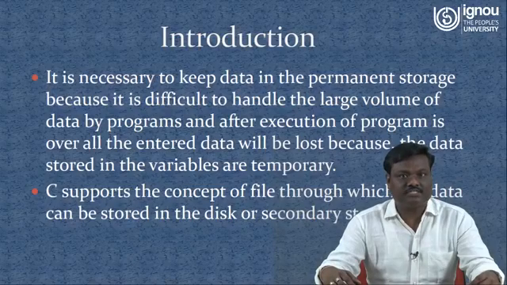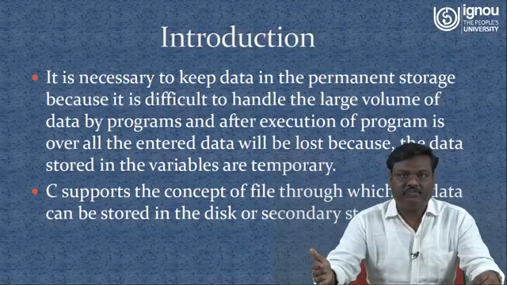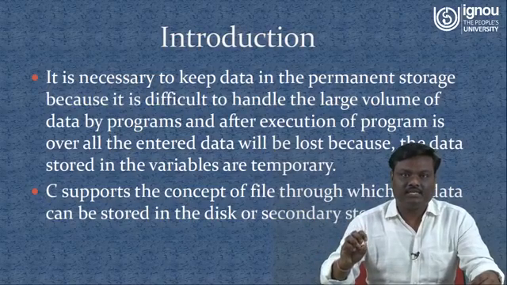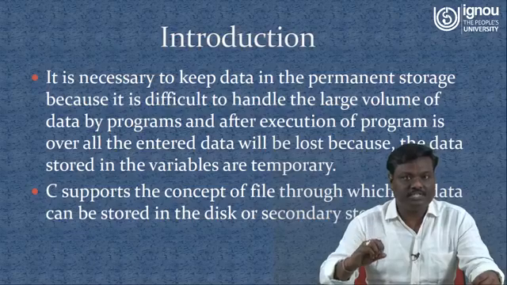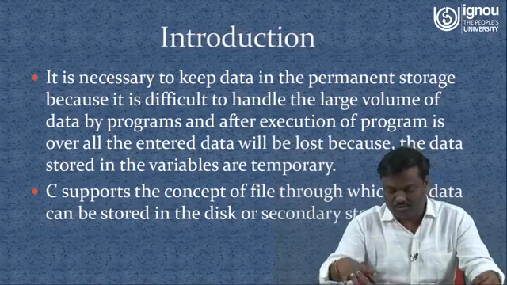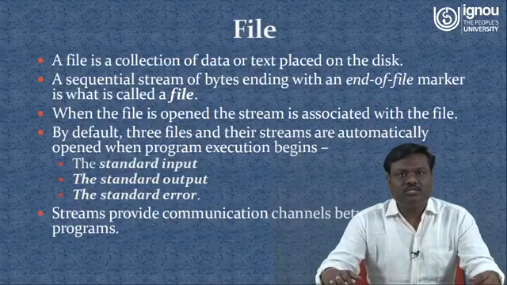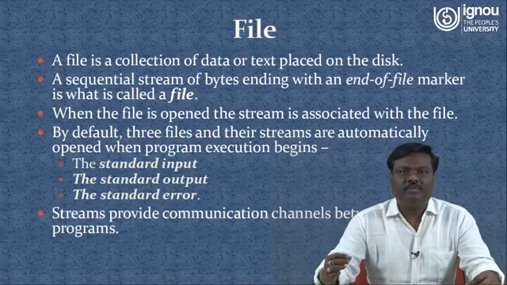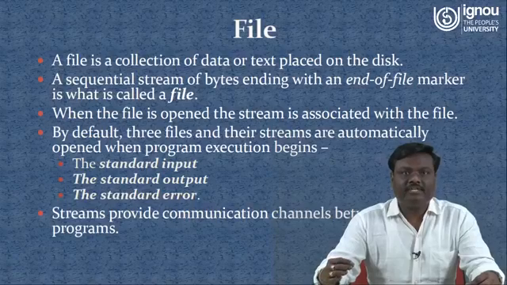secondary storage device. So separate files will be maintained for the inputs, wherein the program will pick up the file, take the source inputs, execute and display the output. So normally a file is a collection of data or text placed on the disk. So it will be identified with a name dot extension, the file name.